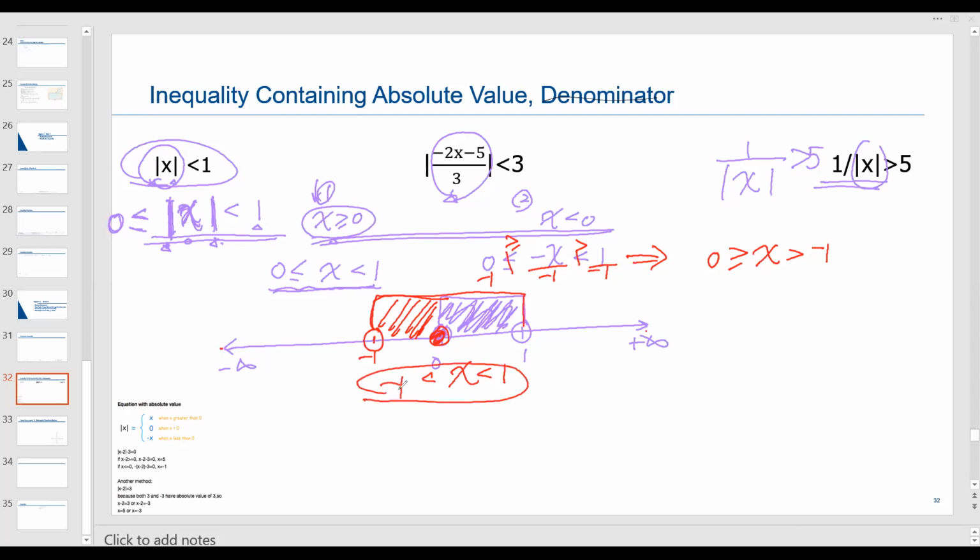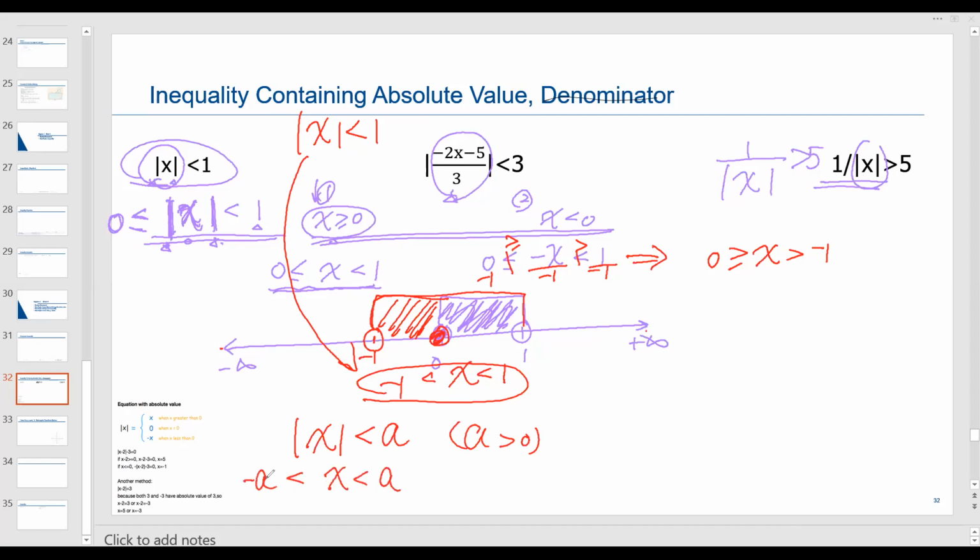So if any number's absolute value is less than 1, you can transfer it here. If someone gives you |x| less than a, where a is a positive number, you can say x is less than a and greater than -a, right? You can transfer this one.